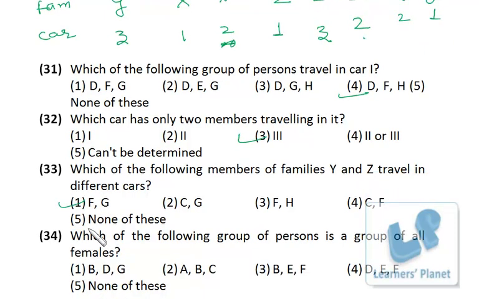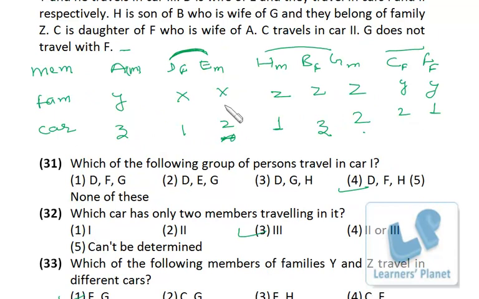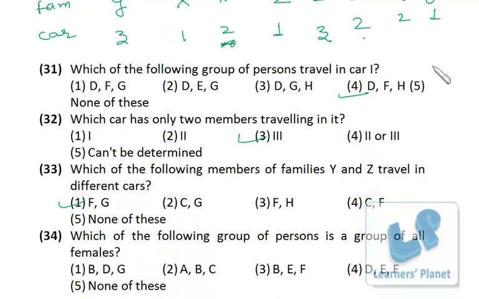Which of the following group of person is a group of all females? So all females, we have females over here. This D is female, then B is female, C is female, and F is female. So precisely we have B, D, C, F. Let's see, B, D, C, F. Okay, B, D, C, F.